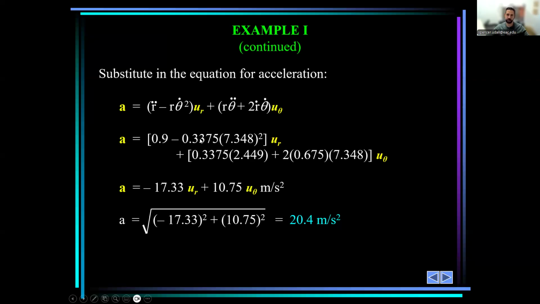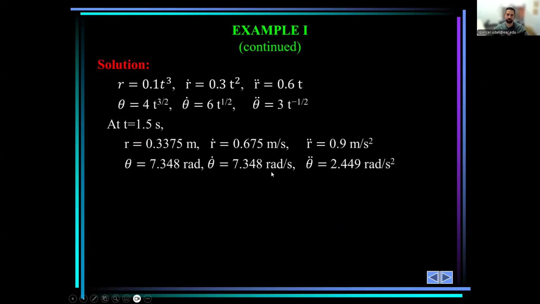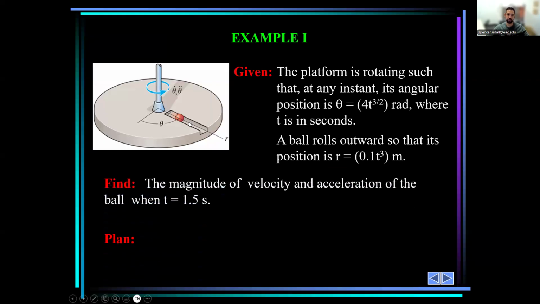Does that make sense to have any negatives in this one? Let's think about that. Could we have a negative in the r direction? Not for this example, right? Well, no, we could. It could be slowing down how much it's moving outward. It'd be hard to have a negative velocity, I guess, but it could be slowing down how fast it's going out.